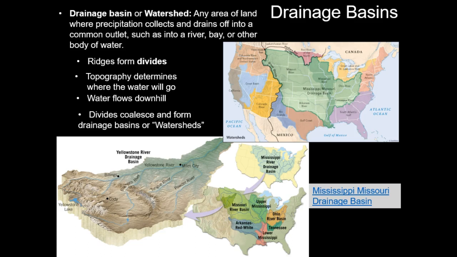So these drainage basins continue to subdivide and subdivide and subdivide based on the different topography that allows for the precipitated water to fall to either one side of a ridge or a topographical high or the other.